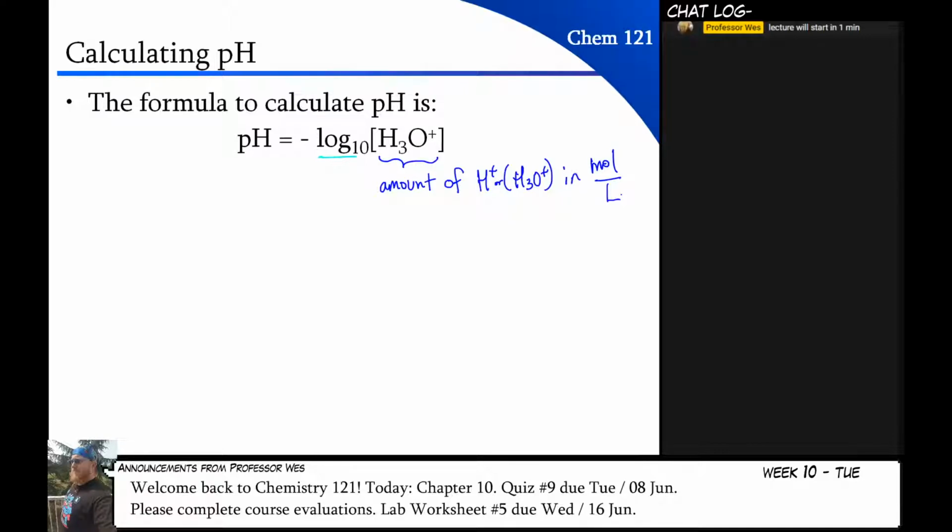Okay? So, depending on your calculator, let me see if I can simulate this. Online TI 30X. Yeah, this will work.